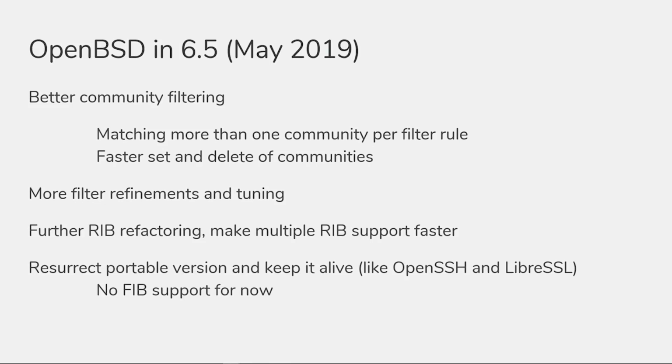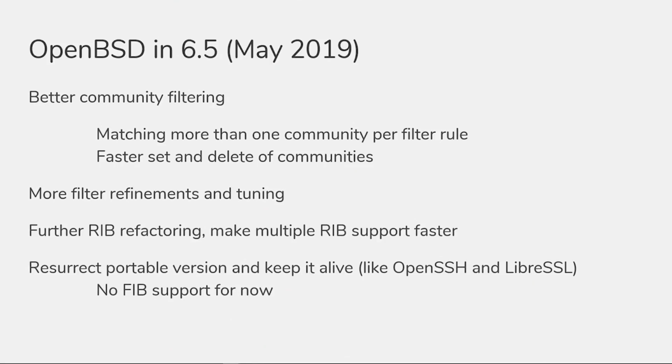Another big part of work is the RIB in itself. So the big database. There are still certain operations happening on the RIB that are just too heavy or too big.